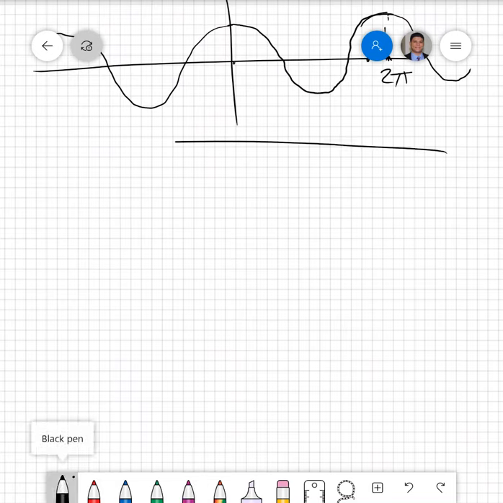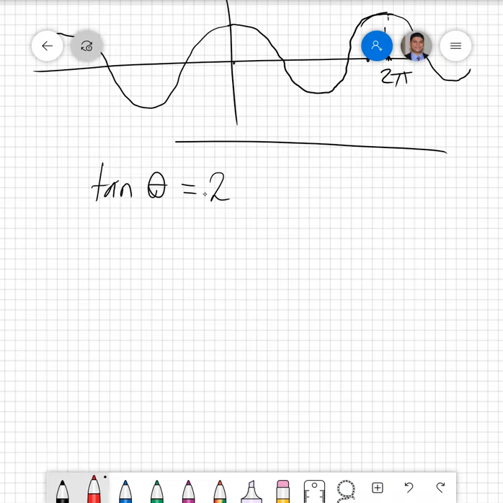Solve the equation tan theta equal 2. So to solve this equation we need to find theta here. Tan is positive in which quadrant?